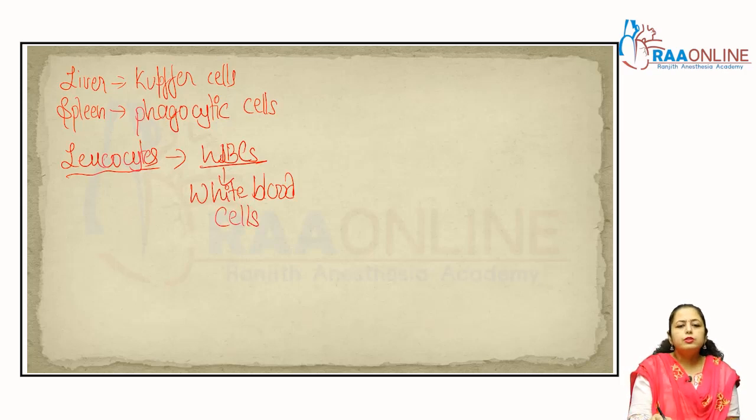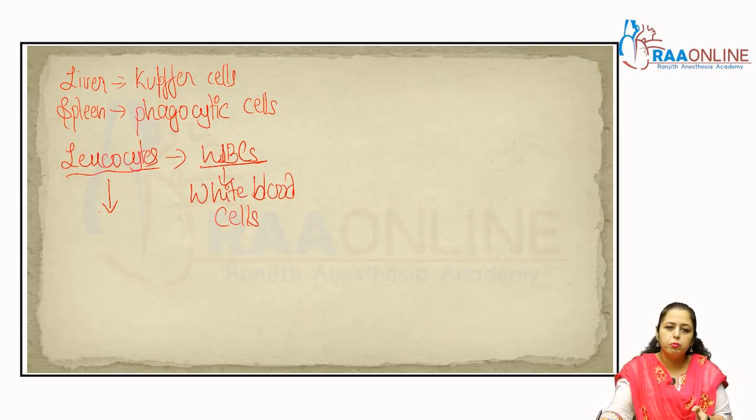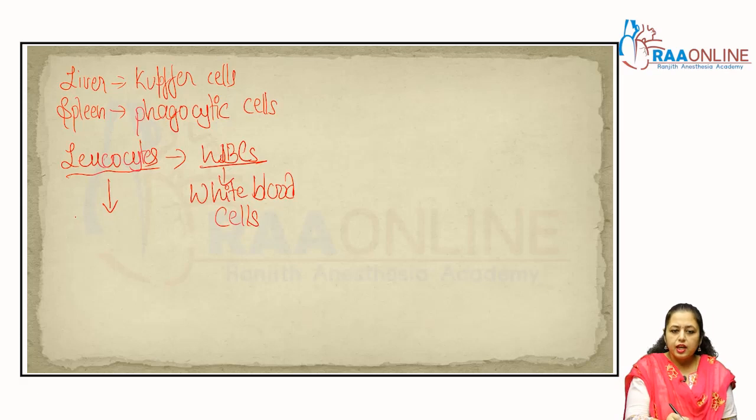Leukocytes are the white blood cells which help to make the immune system strong. They help to maintain the immunity of our body, that is, they take part in the defense mechanism of the body.